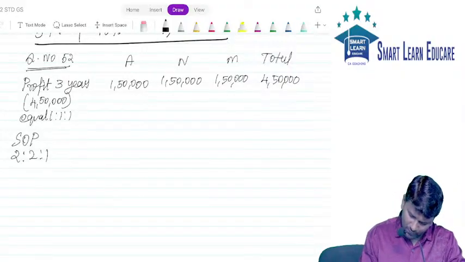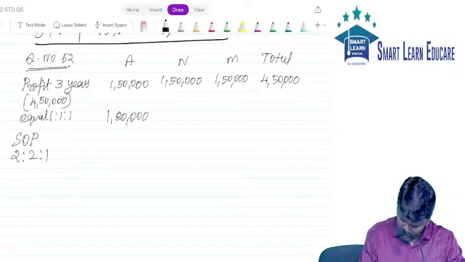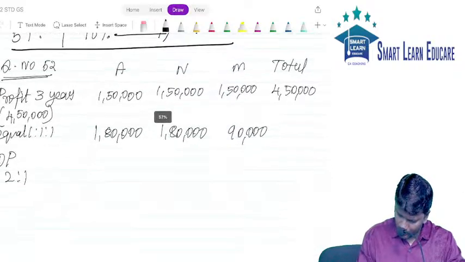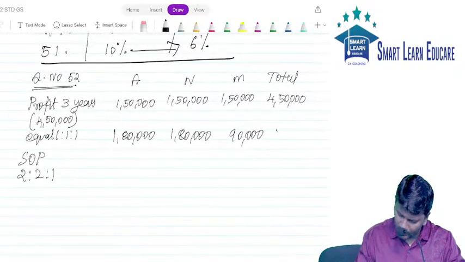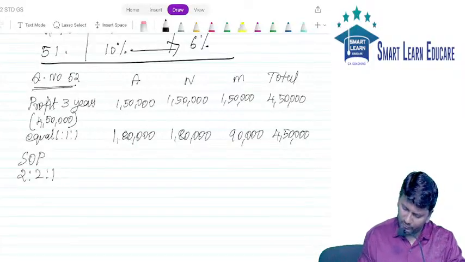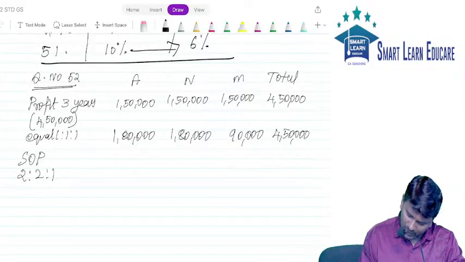What will you be getting? 90,000 into 2, 1,80,000. 90,000 into 2, 1,80,000. 90,000 into 1, 90,000. So total is 4,50,000.